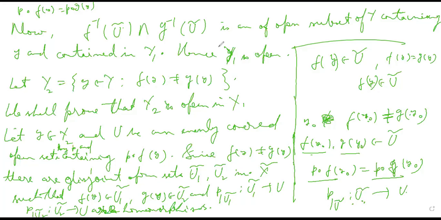Next, what we have is f inverse u1 tilde intersection g inverse u2 tilde, right?